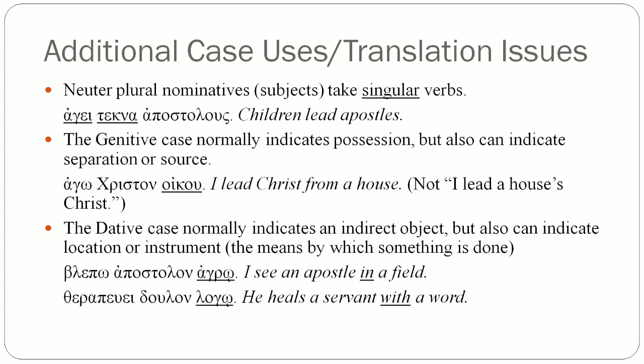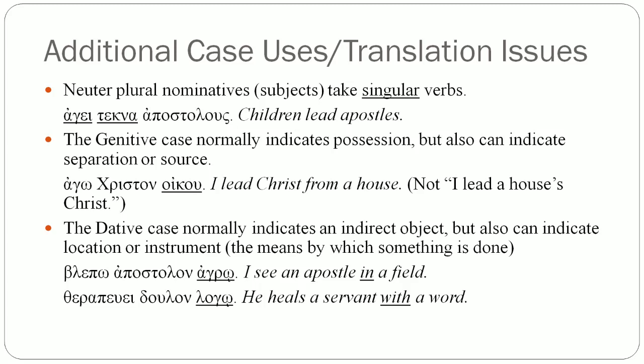Now, a few things to keep in mind when you're translating these nouns. Something that's really annoying, and I don't know why this is: if you have a neuter plural subject, I mentioned before the word child is neuter. Here you have age tekna apostolus.